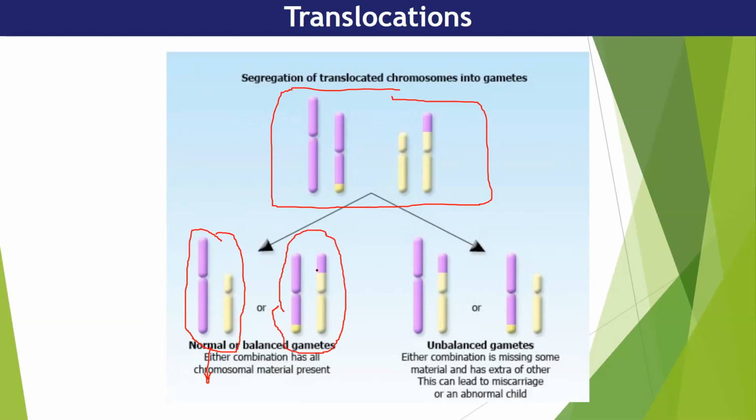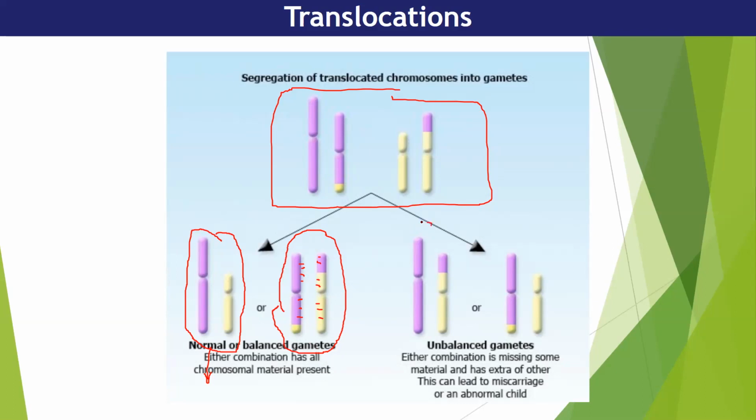Why? Because this is balanced: this gamete has everything in it, just like a normal gamete. Even though there's a translocation exchange, everything is still there. So this is a balanced gamete, and it can survive, and therefore it is viable.